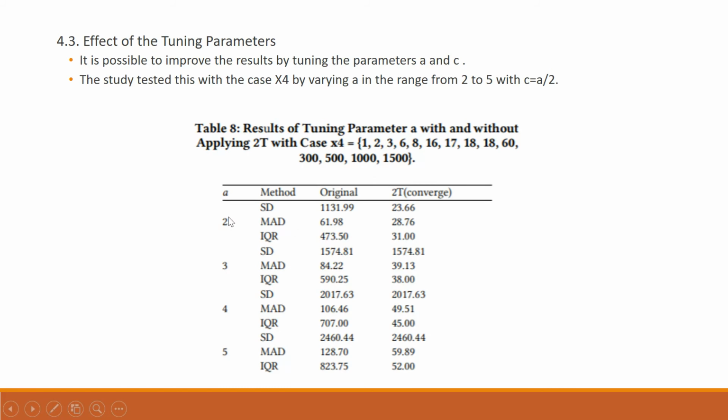Now as we change A from 2 to 5, you will notice that SD was actually able to detect all the outliers for A equals 2. Initially we had A equals 3 and SD failed to detect any outlier, but when we changed A to 2 and C equals A by 2, SD was able to detect all the outliers, and so were the other methods.